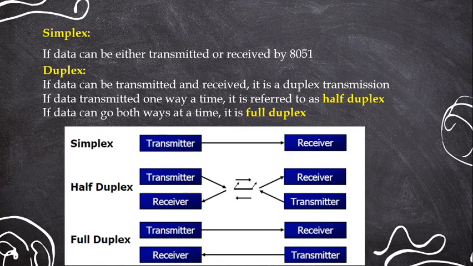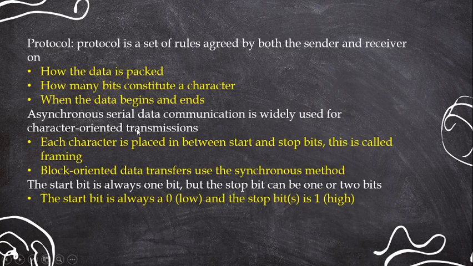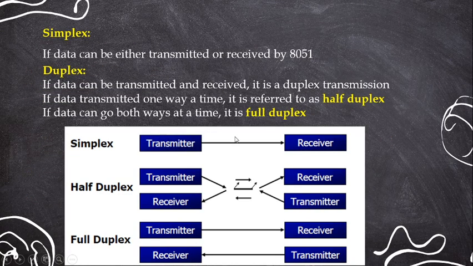Right. Now further, when we look into communication, in particular serial communication, it is either simplex or duplex. As you can see in this pictorial representation, here we have a transmitter and a receiver.